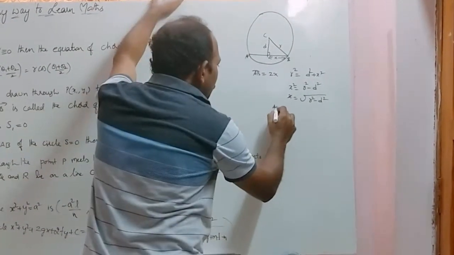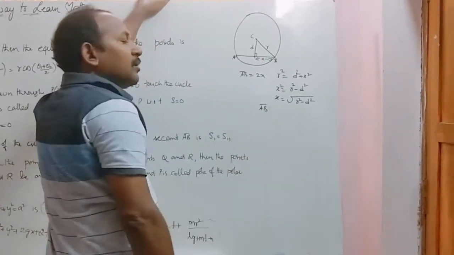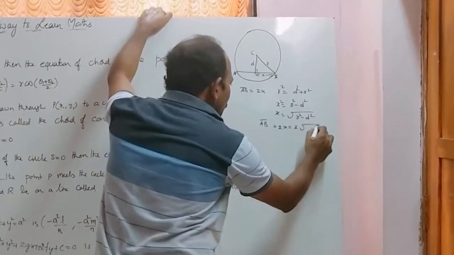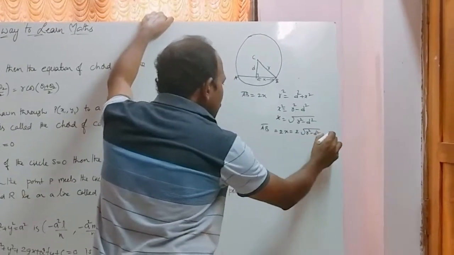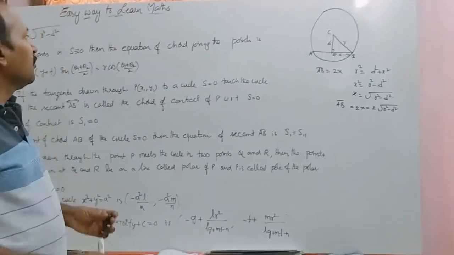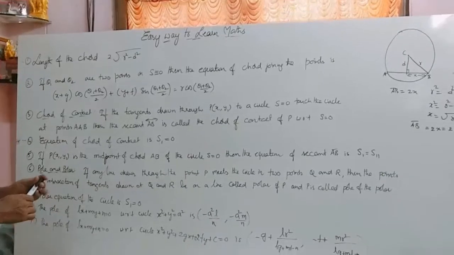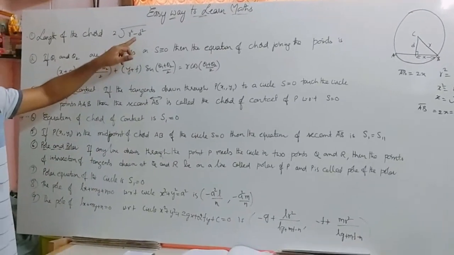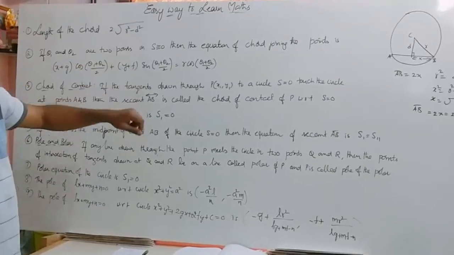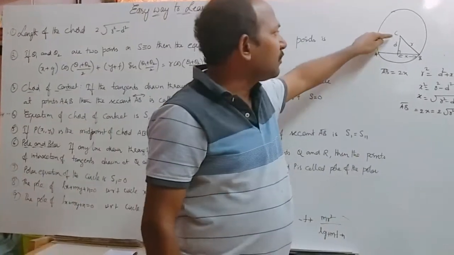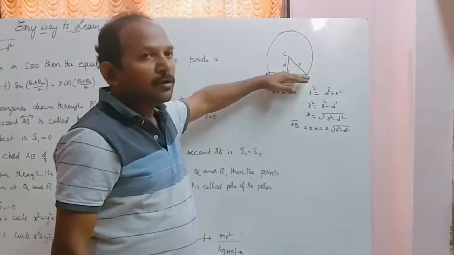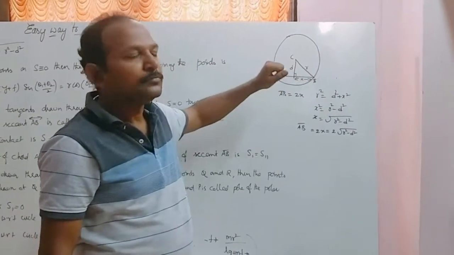Then AB bar, that is the length of the chord, is equal to 2x, that is 2 into root of r square minus d square, which is the formula to find the length of the chord, where r is the radius and d is the perpendicular distance from the center to the equation of the chord.